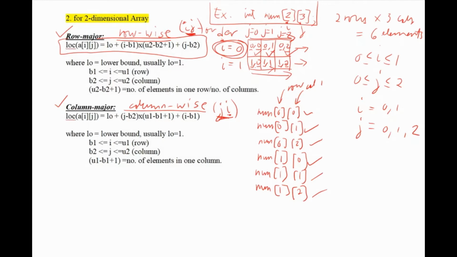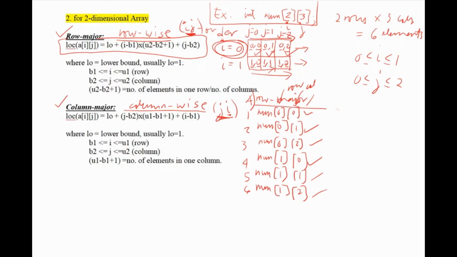So this list of elements is the row major or row-wise, or what we call the ij order, where the positions are 1, 2, 3, 4, 5, 6, since we have 6 elements. This is how they are arranged or stored in the main memory.